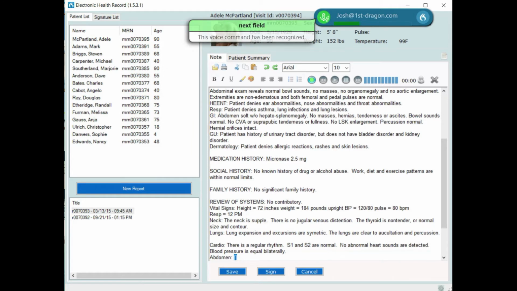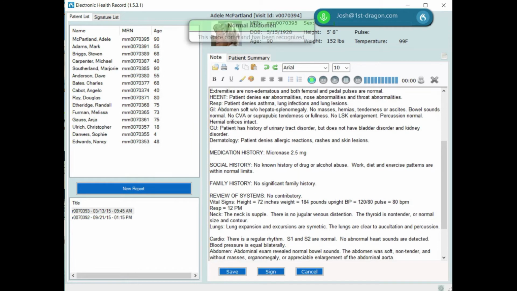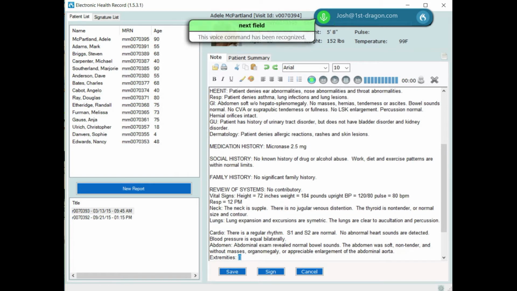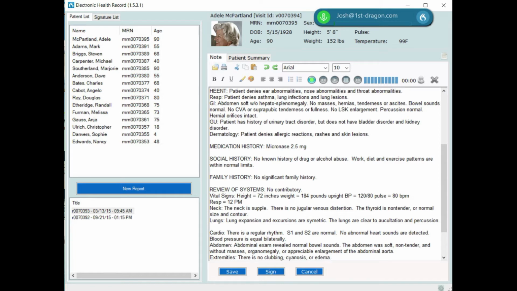Normal abdomen. Next field. There is no clubbing, cyanosis, or edema, period. Next field.